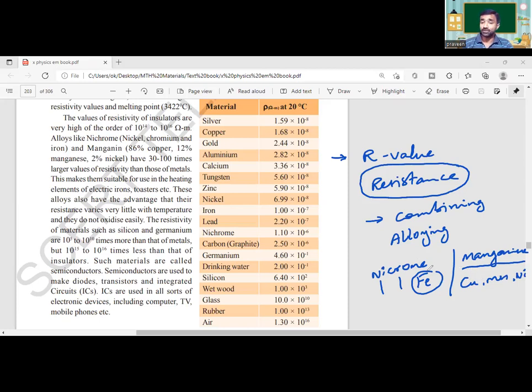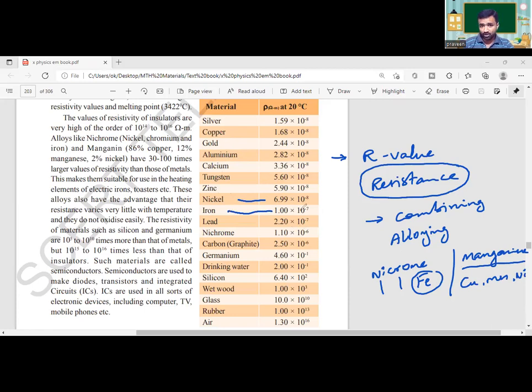So what happens when they combine? Individually, if you observe nickel, its resistivity is 6.99 into 10 to the power of minus 8. Iron is 1.00 into 10 to the power of minus 7.